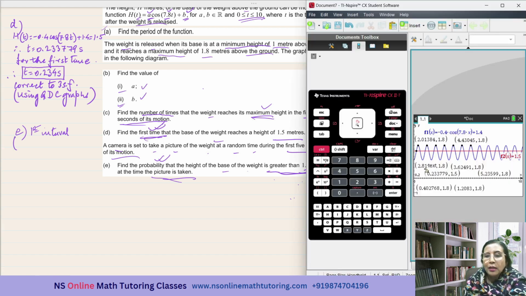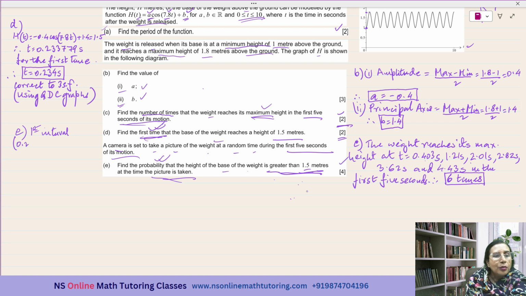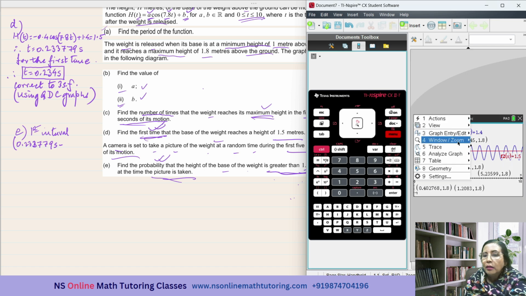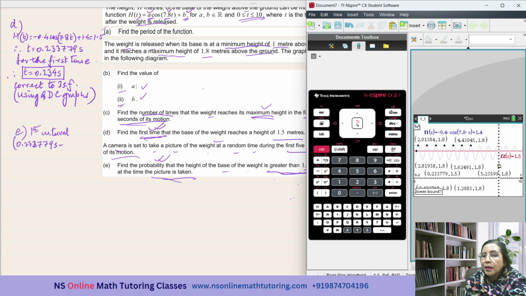The first one is 0.233779 seconds to the next intersection. My goodness, it's really hard to read.